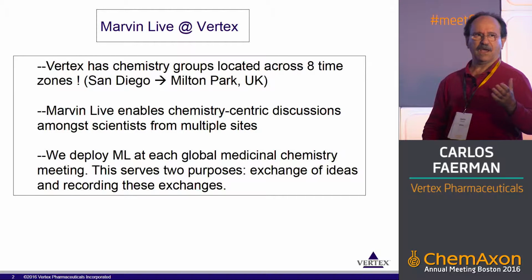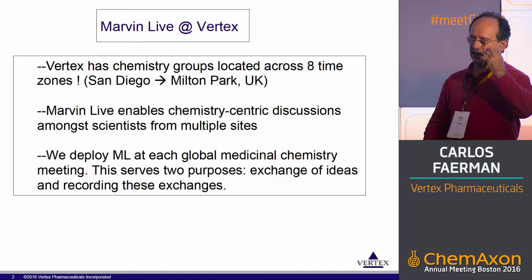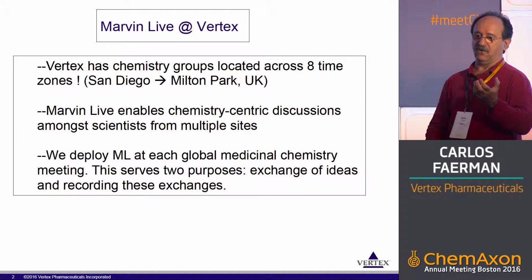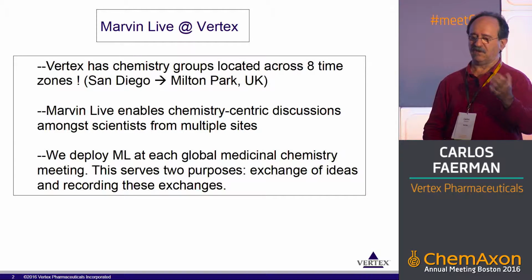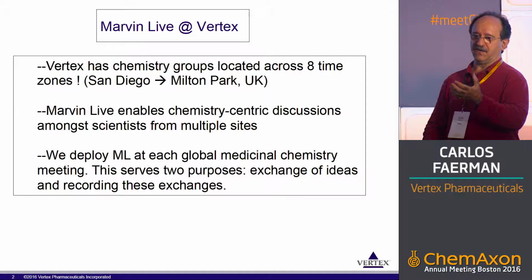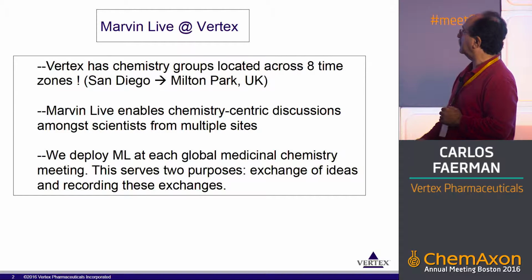And we got about 120 chemists. So number one, the resources in terms of chemistry are enormous. And being able to brainstorm chemistry-centric ideas, and also document those discussions, is the problem that we're trying to address.